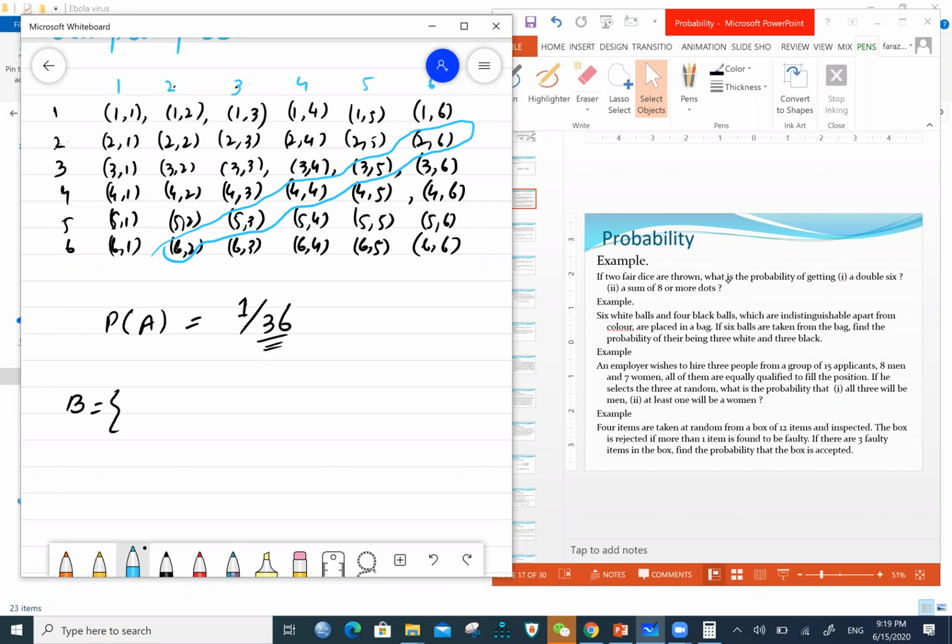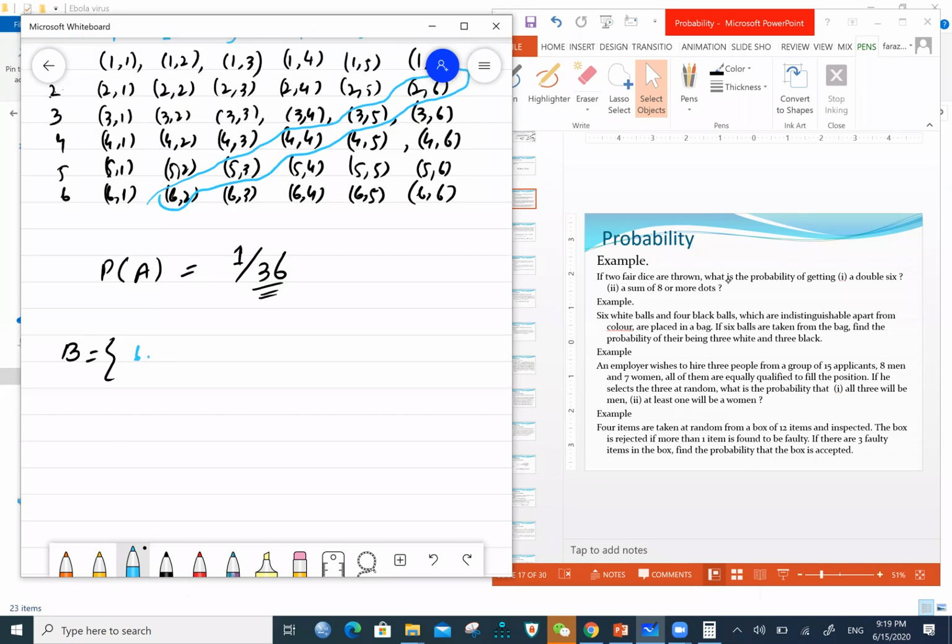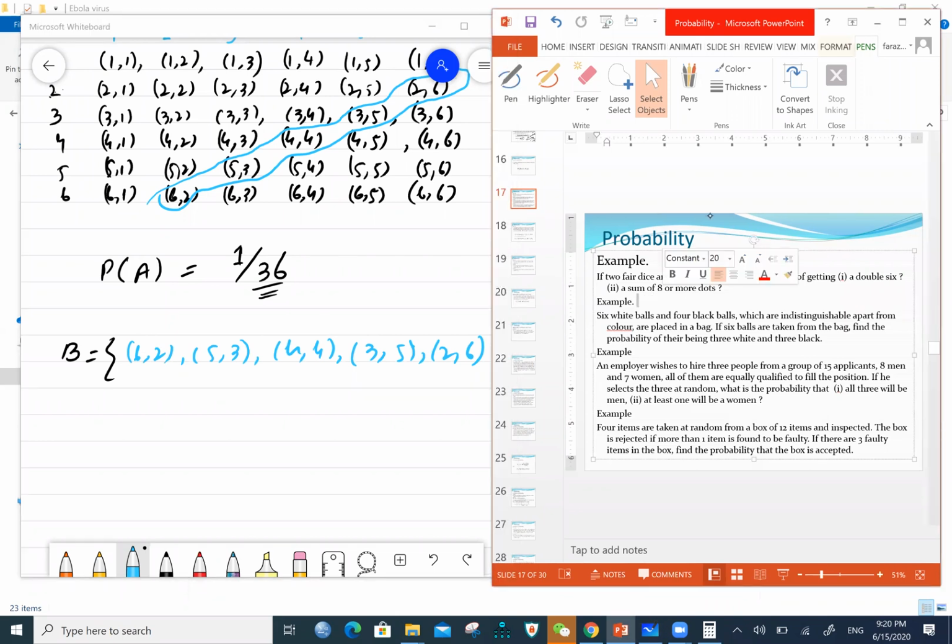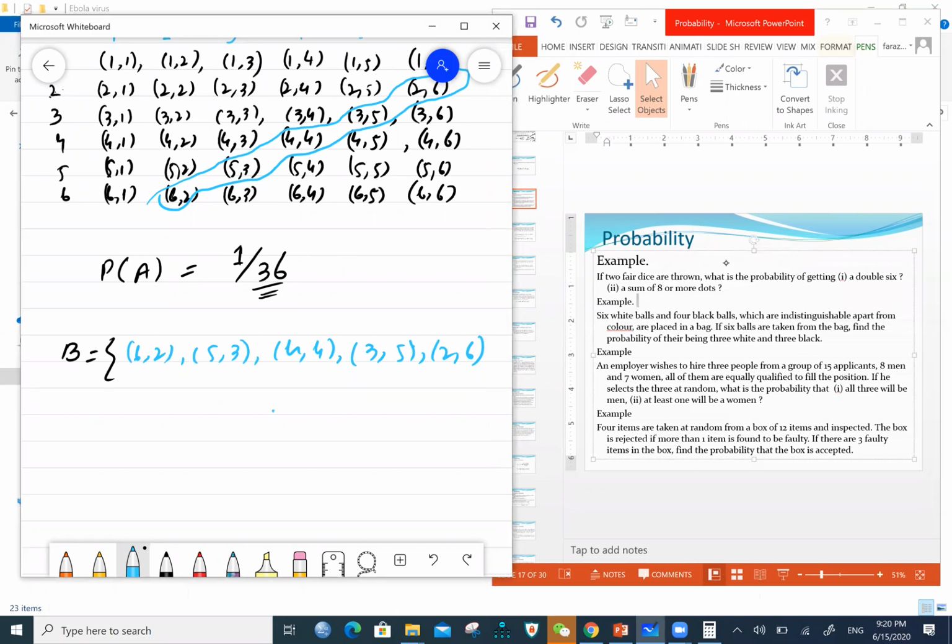So it is 6 2, 5 3, 4 4, 3 5, 2 6. It says 8 or more. More means it could be 9 as well.